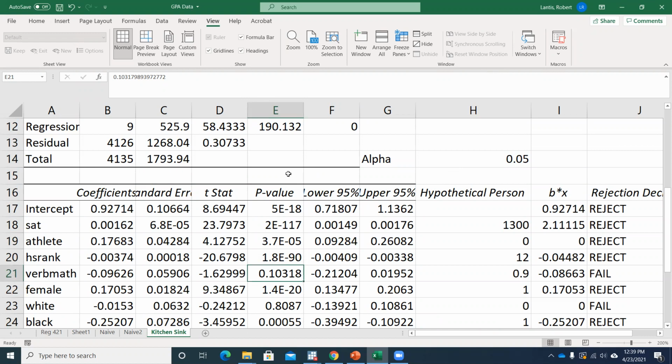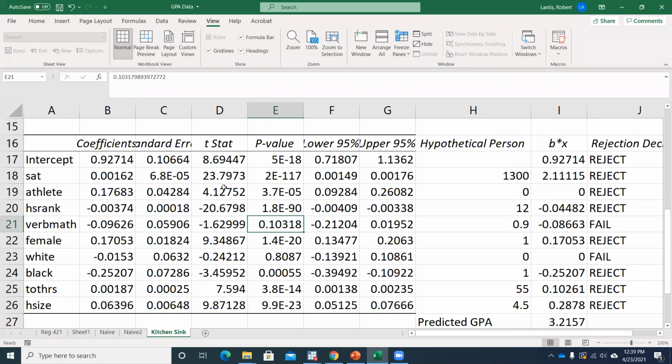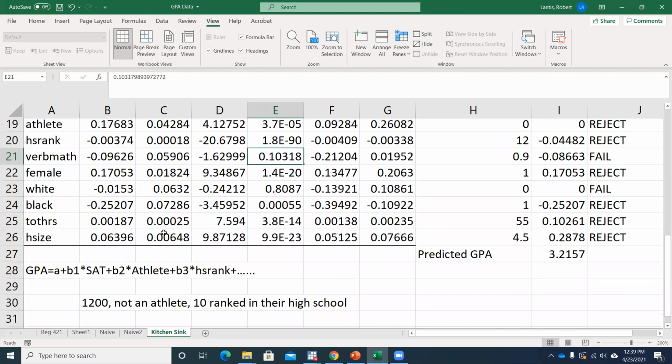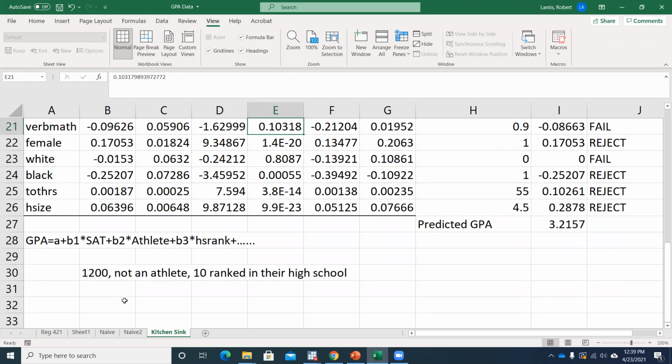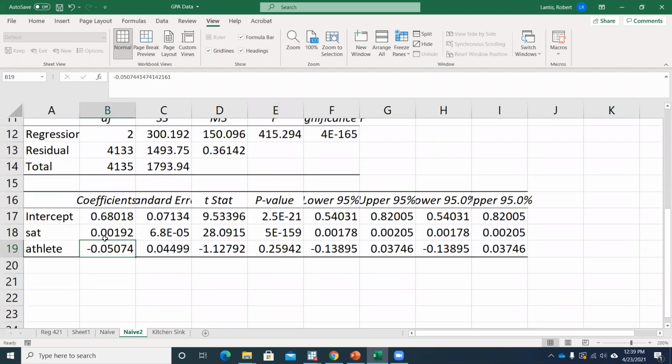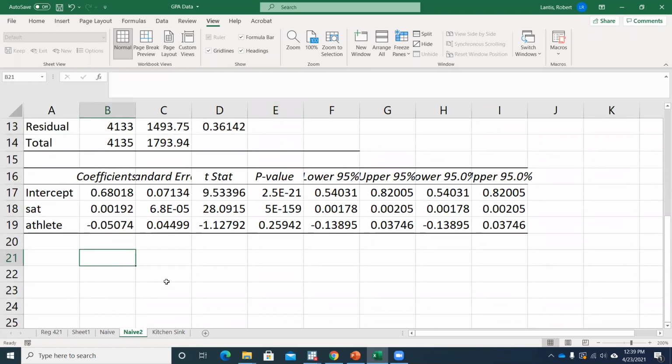Okay, so one thing I wanted to review, let's go to an easier one. Let's say I was just using this naive regression where I've just got SAT and student athlete. Here we could do predictions as well, right? Let's say I tell you someone's got a 1200 SAT score and they're not a student athlete.